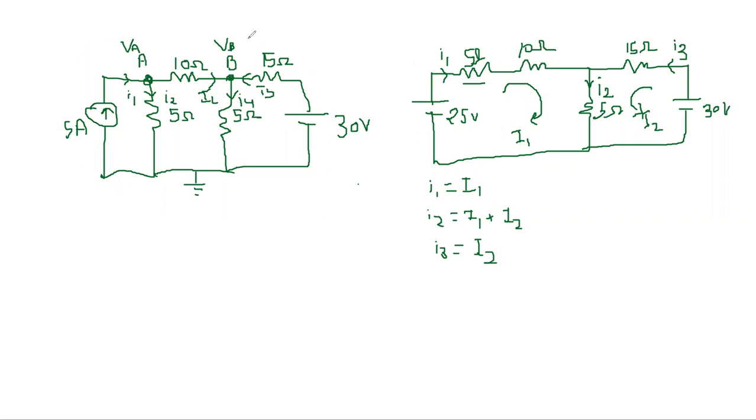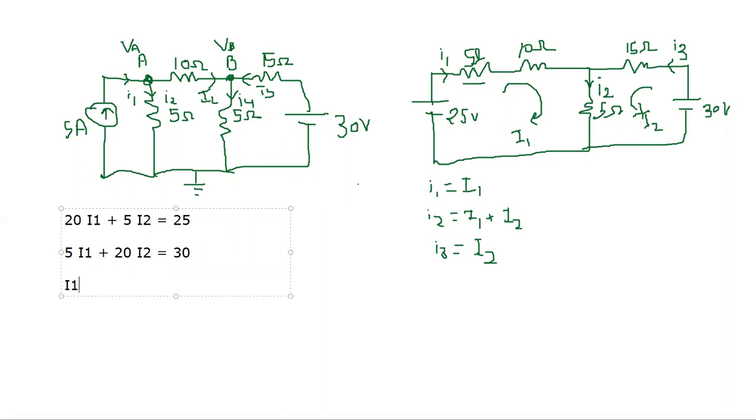Now the equations that we will get are 20 I1 plus 5 I2 equal to 25 in the first loop, and in the second loop it will be 5 I1 plus 20 I2 equals 30. So from these two equations you can easily solve capital I1 and I2.